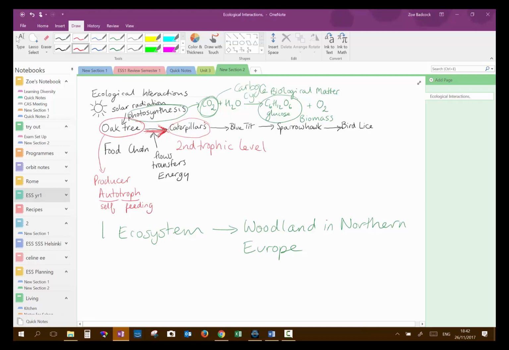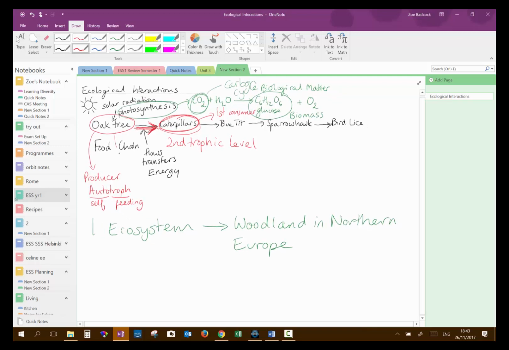You can also say that these caterpillars are the first consumer. They're the first things to consume something else. The oak tree is the first trophic level.